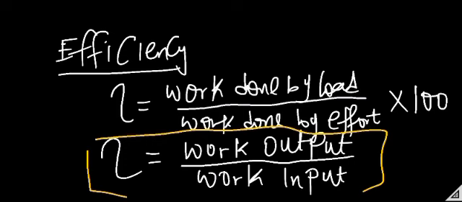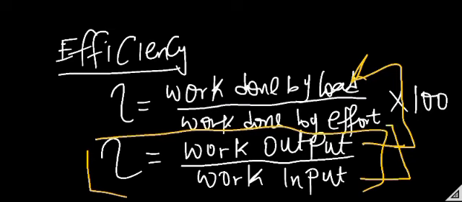Why? Because work output, the load, is what is coming out. The load is the result. You are trying to lift the load, while the effort is what you are putting into the machine. The movement of the load is the result, that is the output. So work output is related to work done by the load. Then work input is related to work done by effort. So make sure you note those two formulas down, because they are very, very important in the subject of machines.